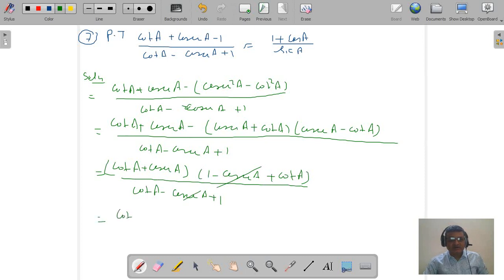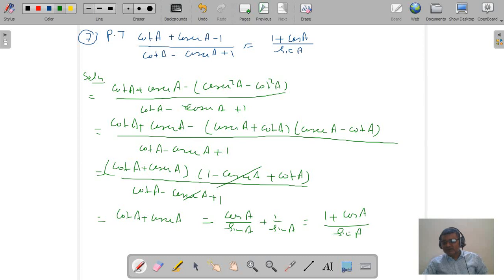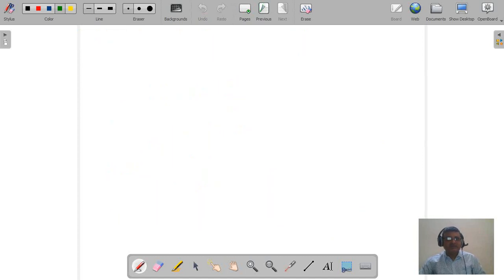So it is cot A plus cosec A. Cot A means cos A upon sin A plus 1 upon sin A. So it is equal to (1 plus cos A) upon sin A. So we have seen how we are utilizing the identity to solve such kind of questions. We are moving to next question.